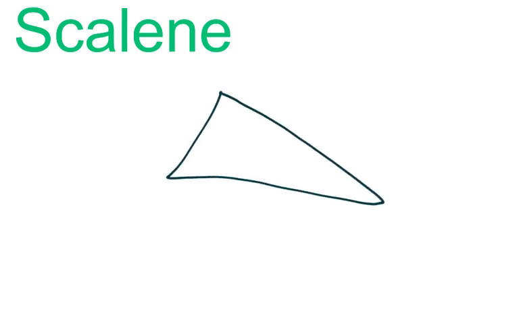A scalene triangle has all 3 sides that are different lengths. You might see it with measurements, or you might see it simply with different numbers of little lines through them.